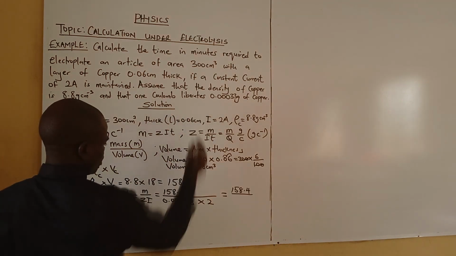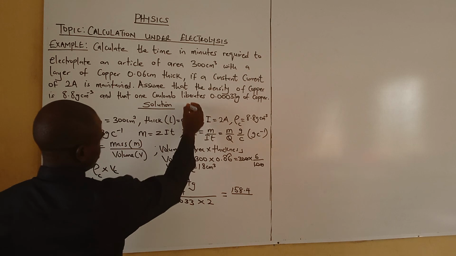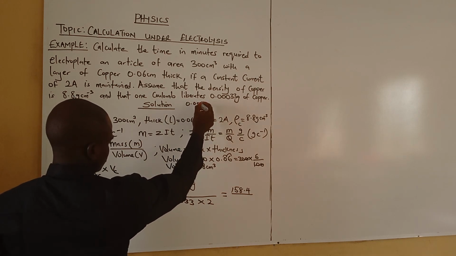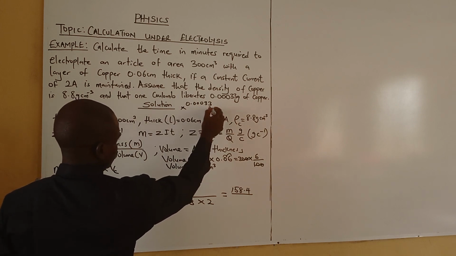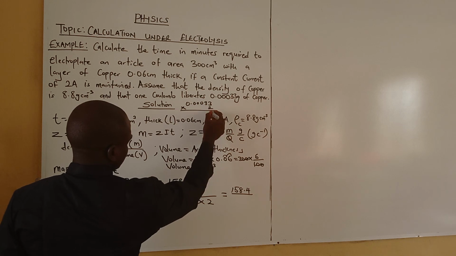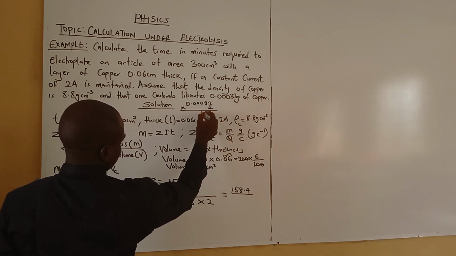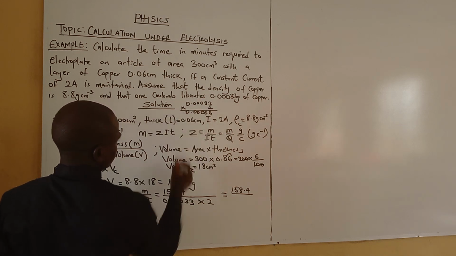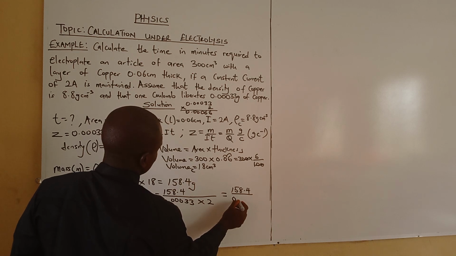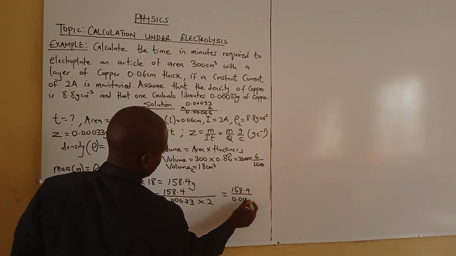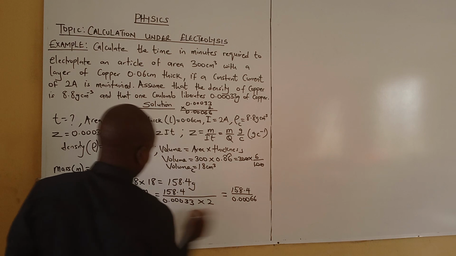So you multiply the denominator, 0.00033 times 2, you have 0.00066.